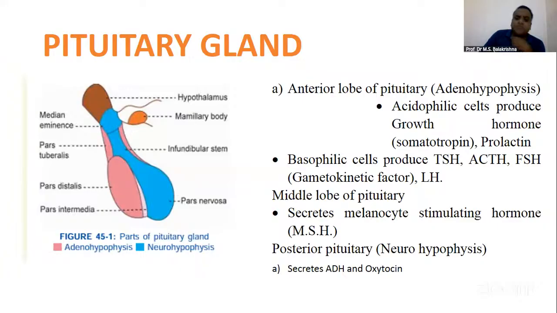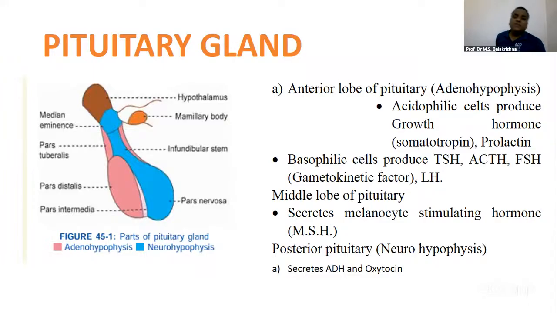Coming to the first one, the pituitary gland, you have the anterior lobe, middle lobe, and the posterior lobe. In different lobes, different hormones are made. You should know the names and where each is made. The anterior lobe of the pituitary is called the adenohypophysis. You've got acidophilic cells and basophilic cells. Acidophilic cells produce growth hormone.